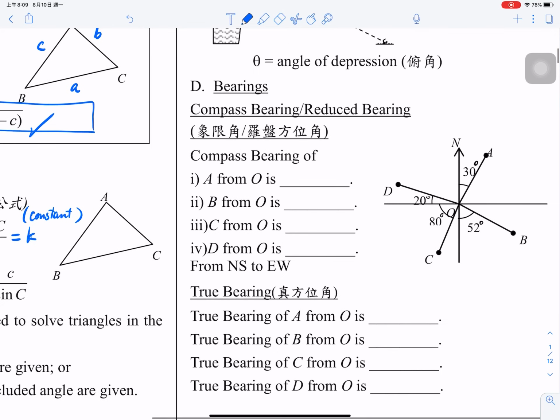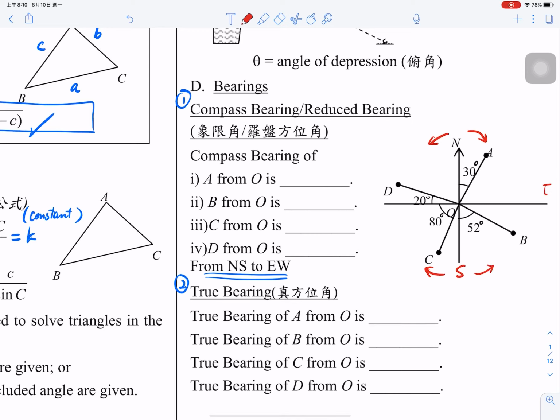About the bearing, do you remember? Yeah, we have two kinds. One is the compass bearing, and one is the true bearing. About the compass bearing, remember, we read the angles from north to east or west, or read from south to east or west.